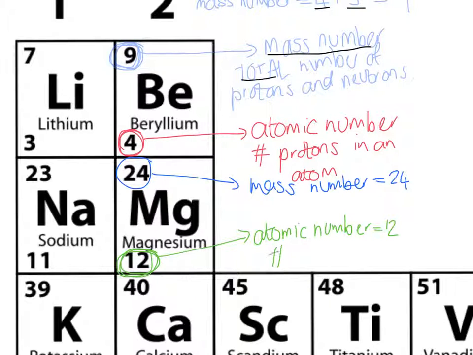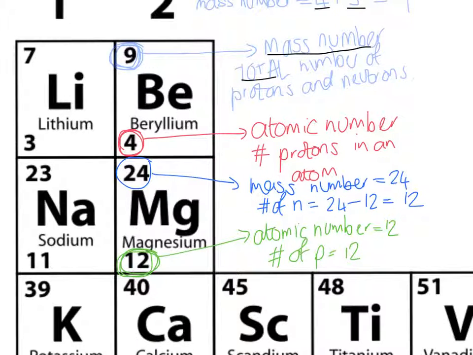So our number of protons is equal to 12. And then we said our mass number is equal to the total number of protons and neutrons. So if I know I have 12 protons, my number of neutrons is 24 minus 12 equals 12.